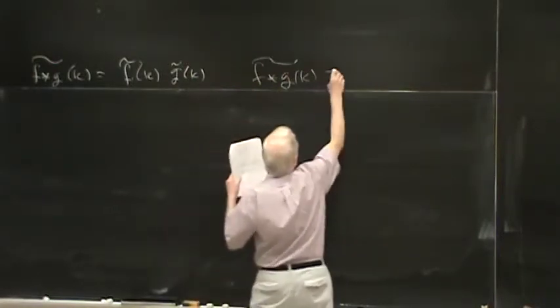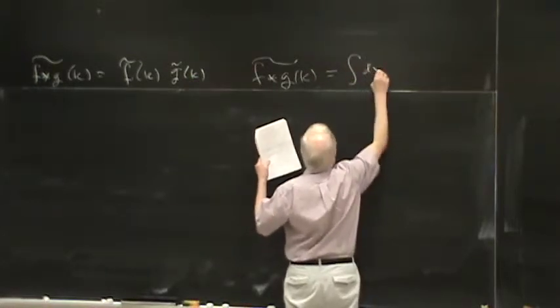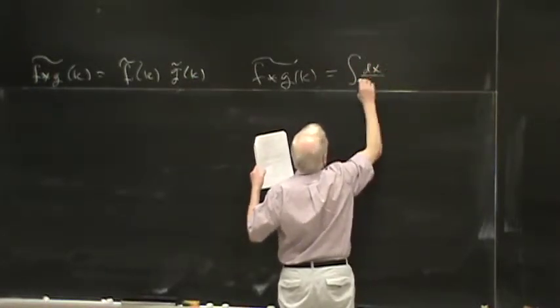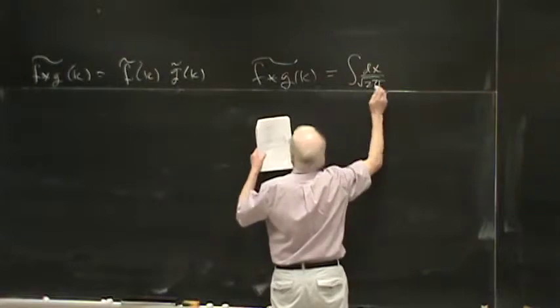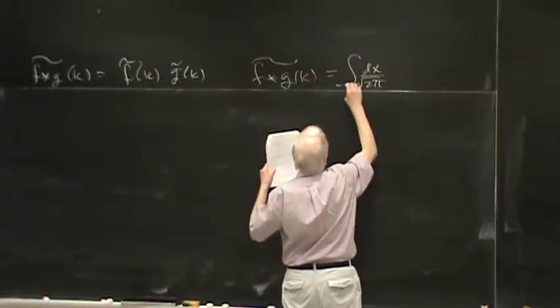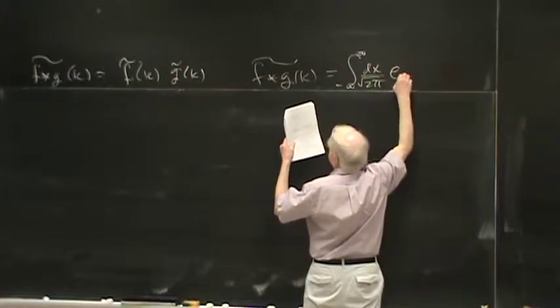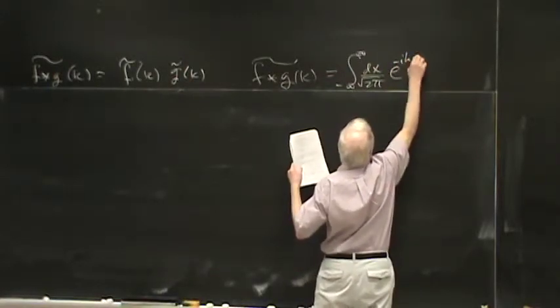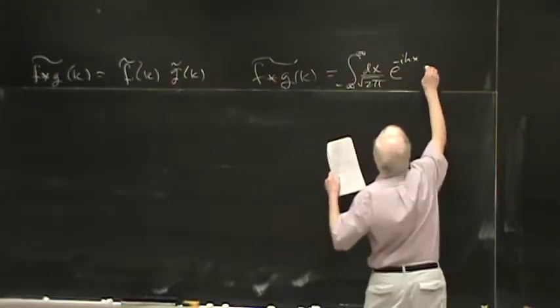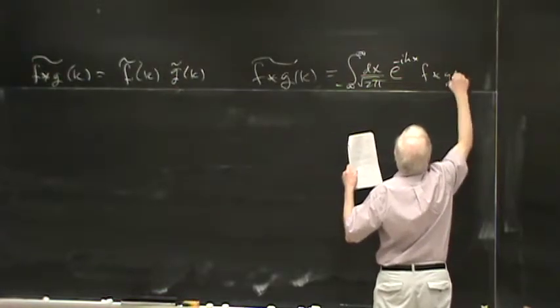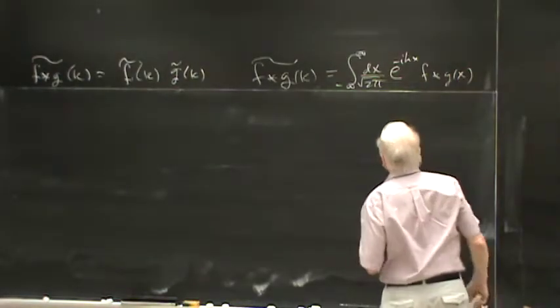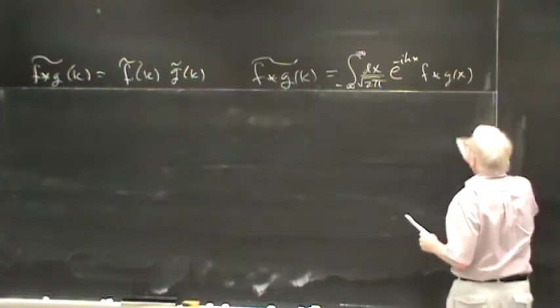And so that will be the Fourier transform. And I'll use this standard 2π convention, e to the minus I kx, and then we'll have F star G of x. So this is the Fourier transform of the convolution.